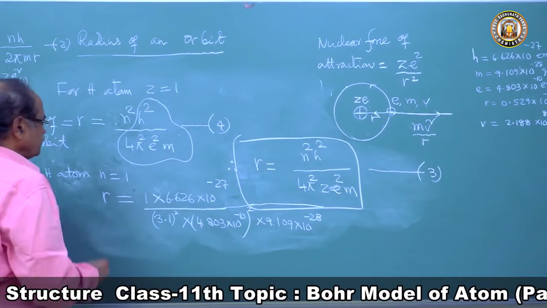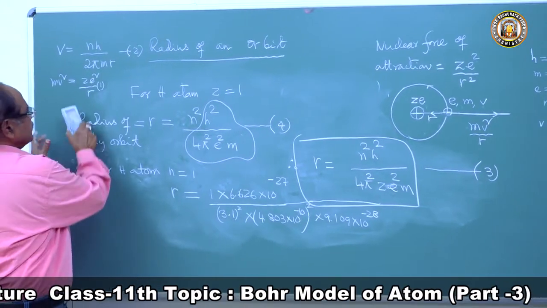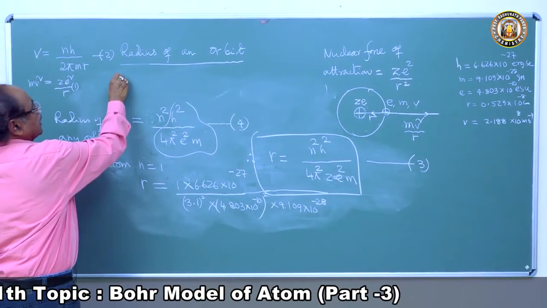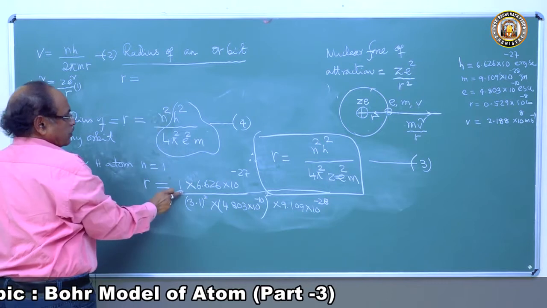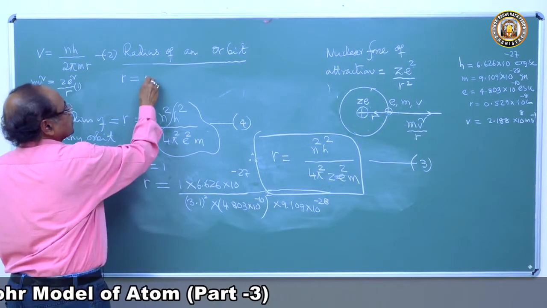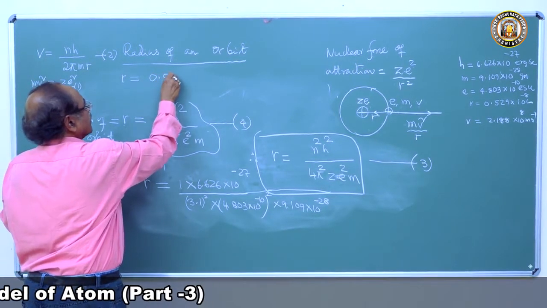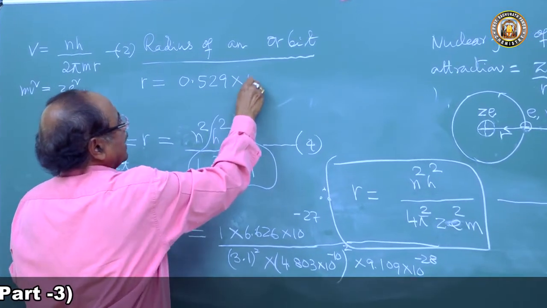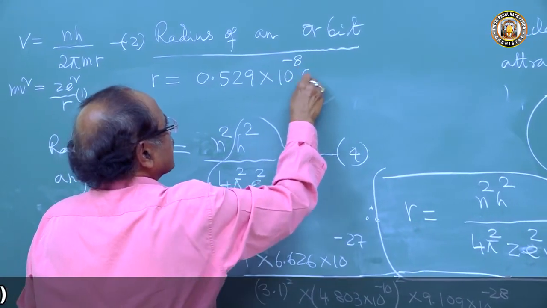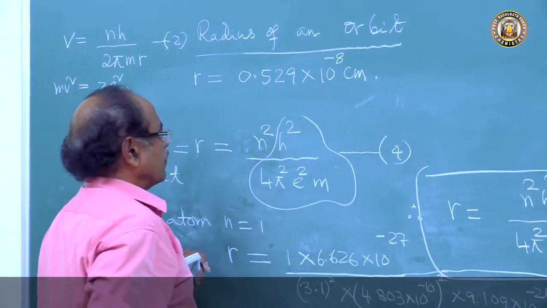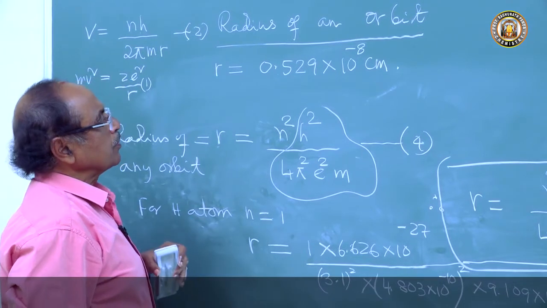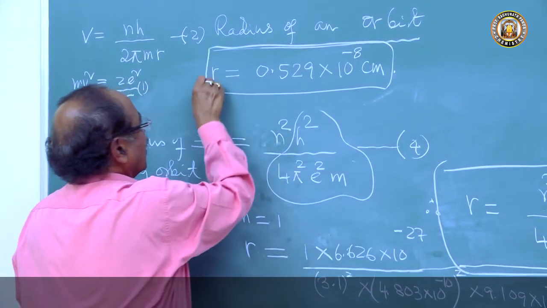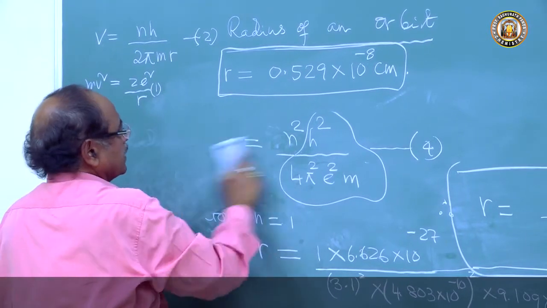When we put these values, we get r. For the first orbit of the hydrogen atom, if you calculate, this comes to 0.529 into 10 to the power minus 8 centimeter. This is the first orbit that Bohr could calculate.